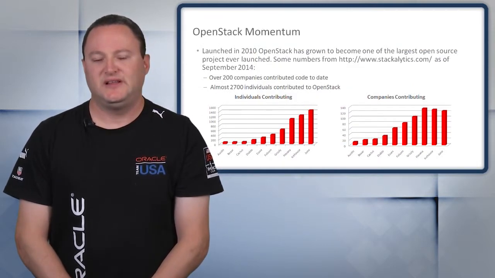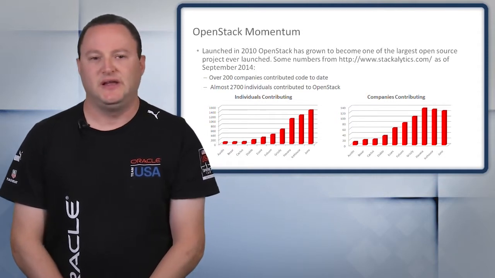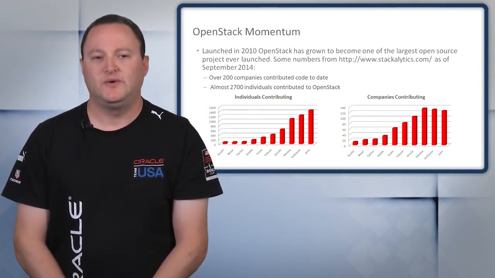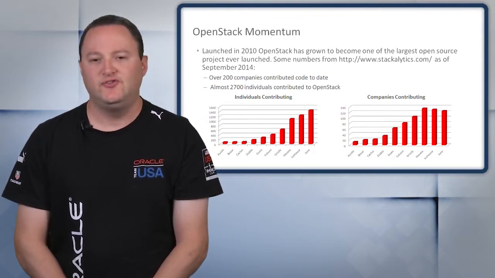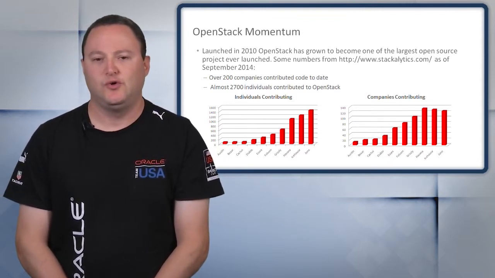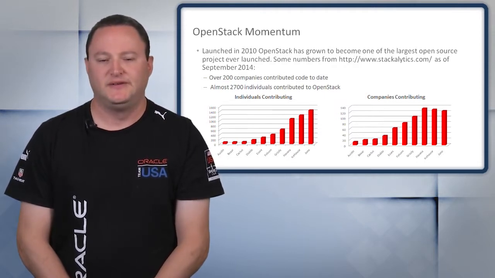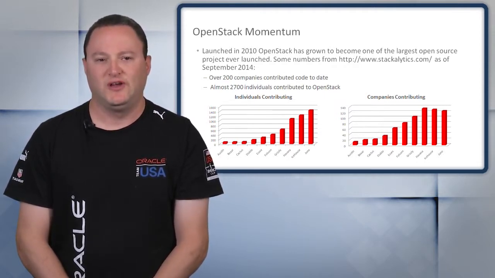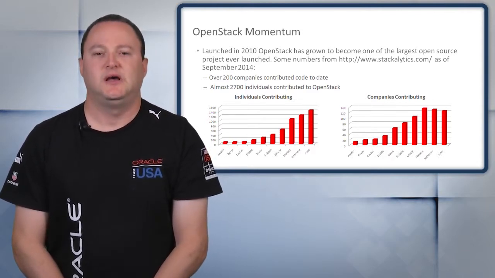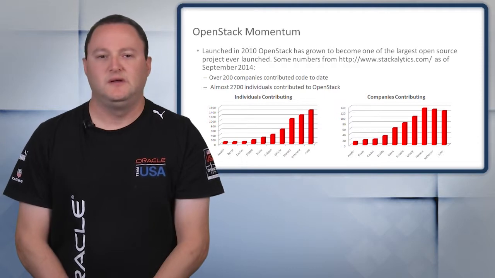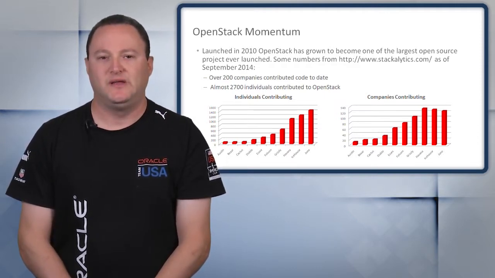In this slide, we see a little bit about the momentum of OpenStack. We see two graphs here, and one of them describes how many different individuals have contributed code to OpenStack. The other graph describes how many companies are involved in the OpenStack project. Since its inception in 2010, four years now, OpenStack has grown in a very rapid way, as we can see.